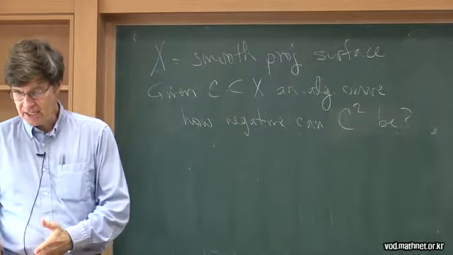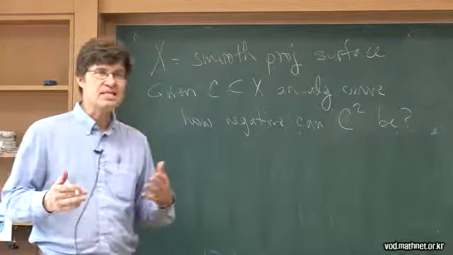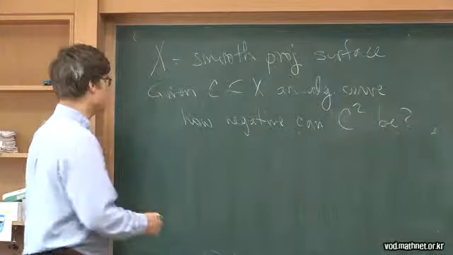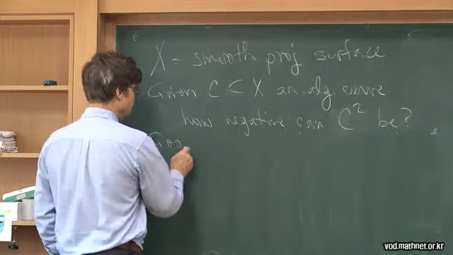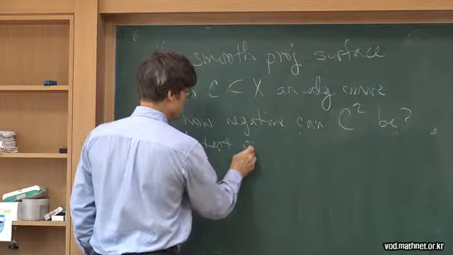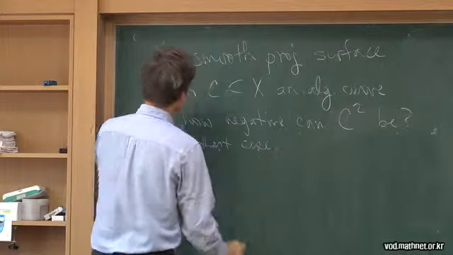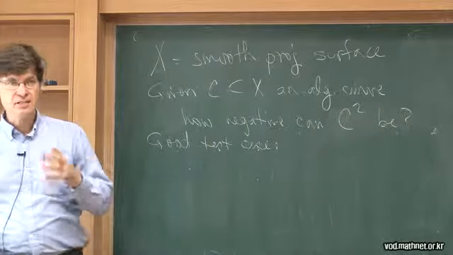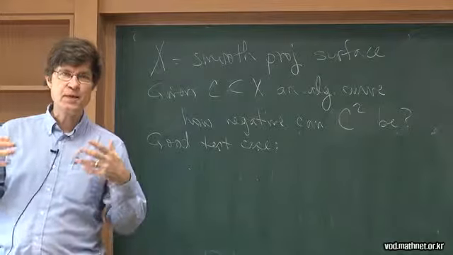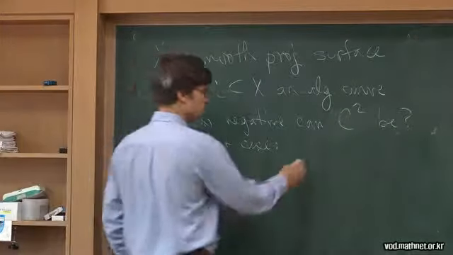And so to allow us to be more specific, I want to look at a test case. So instead of letting X be an arbitrary algebraic surface, let's let X be a blow-up of points in P2.